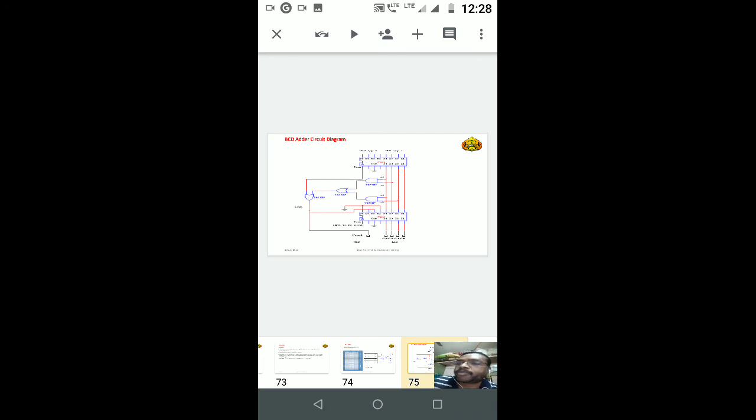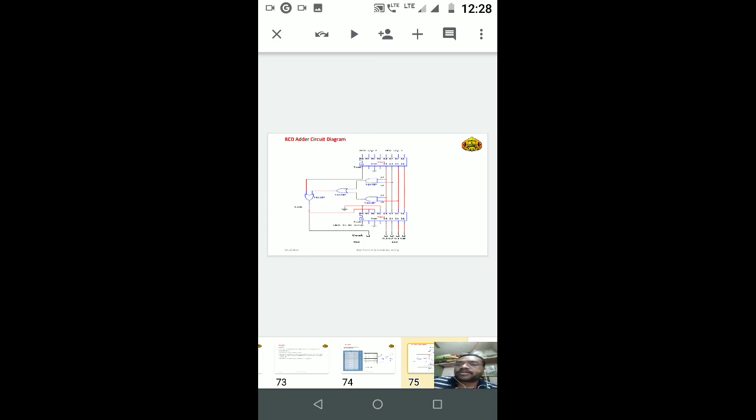So B4 is permanently connected to ground, B3 and B2 are connected to 1, and B1 is again connected to the ground. So this is equivalent to 0 1 1 0, which means the second input of the second IC is 6.